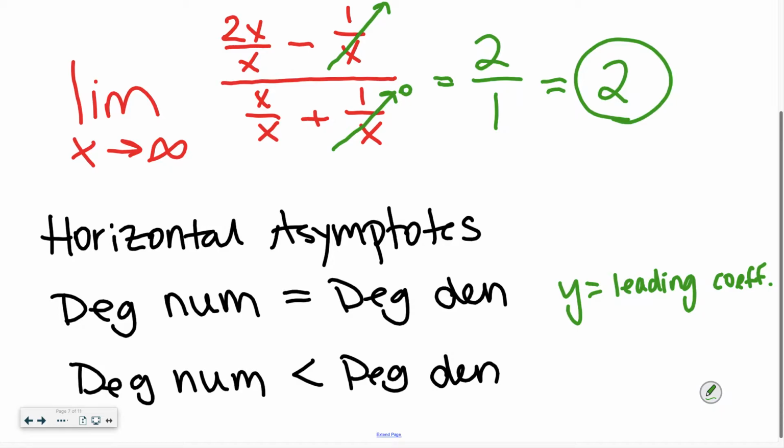Y equals 0. Thank you, Alex. And then if the numerator has a larger degree, then you have some sort of slant asymptote. And we are not going to be able to give it a numeric value. It's going to be infinity or negative infinity. We'll look at one of those examples.